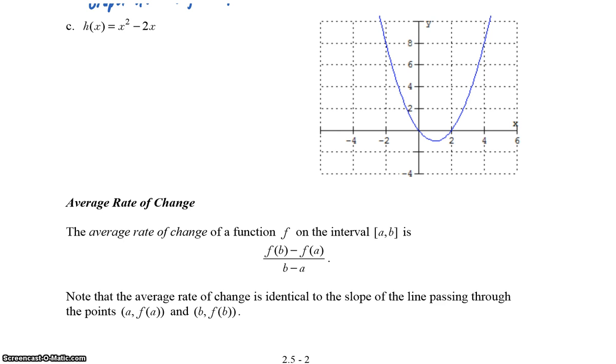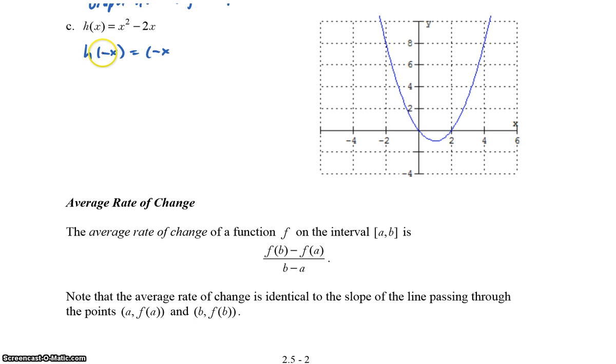Looking at our third example, part C, h of x equals x squared minus 2x. This is a parabola, as you can see. We'll study parabolas in much more detail when we begin chapter 3. For now, let's determine if this is an even or an odd function by evaluating h at minus x.